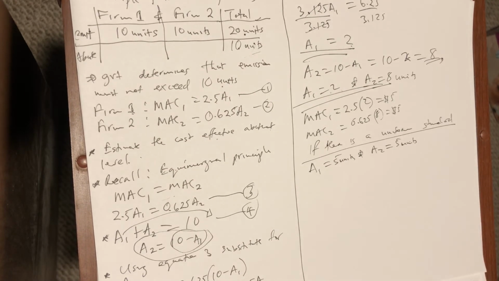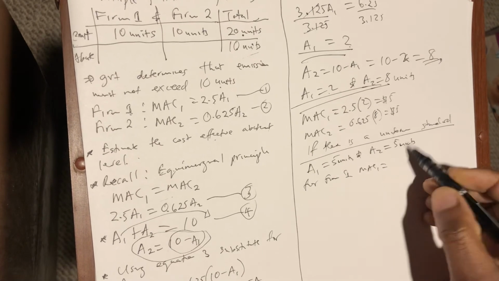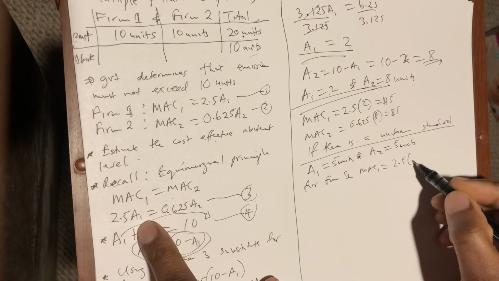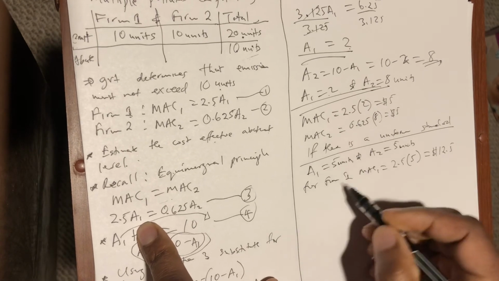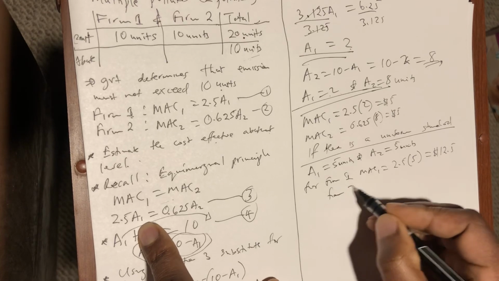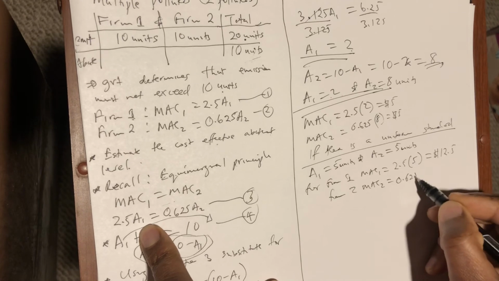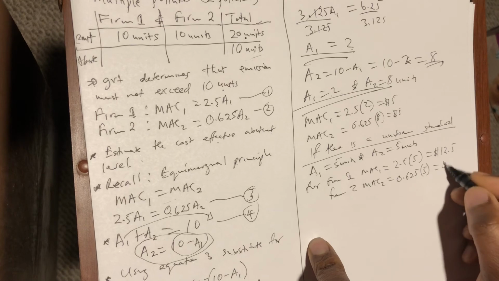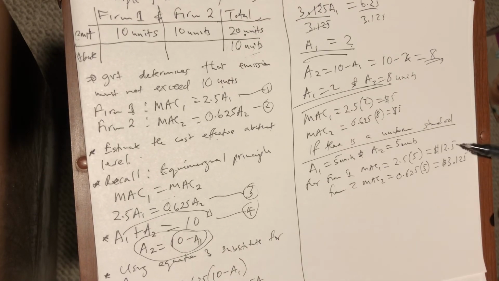For firm 1, marginal abatement cost is 2.5 times A1, which is 5, and this equals 12.5. And for firm 2, marginal abatement cost is 0.625 times the abatement level of 5, which equals 3.125. The marginal abatement costs are different in this case.